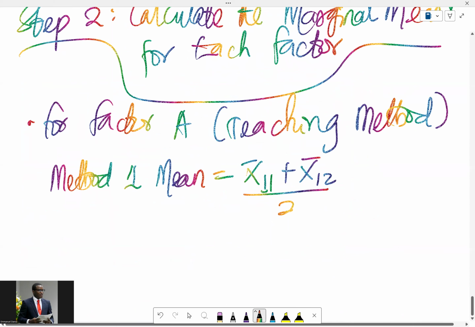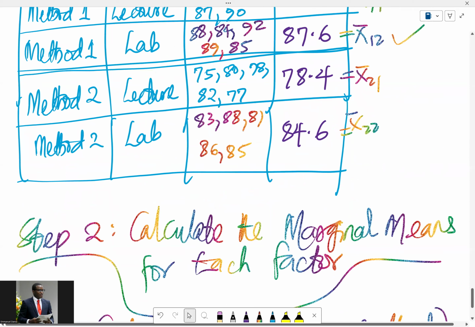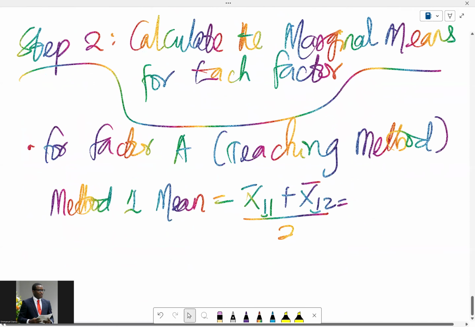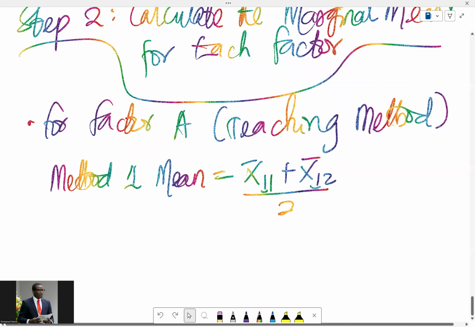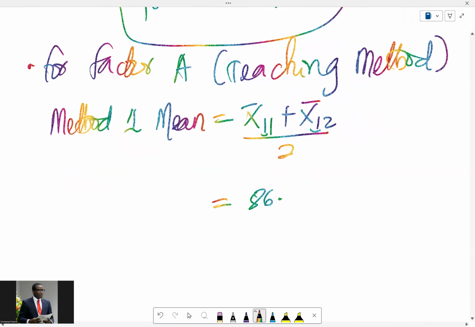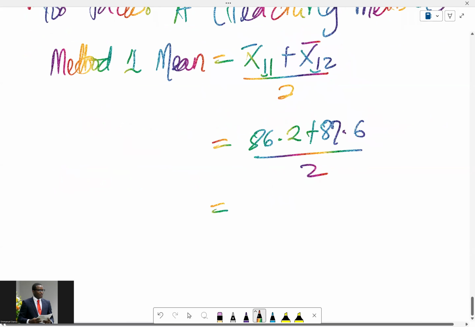The focus is on 1 here. We're talking about method 1, and that is simply 86.2 plus 87.6 divided by 2. Okay, so that is method 1 mean.